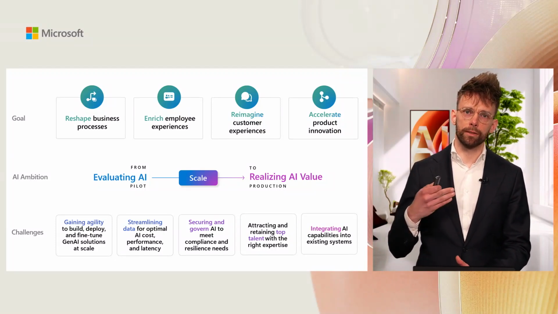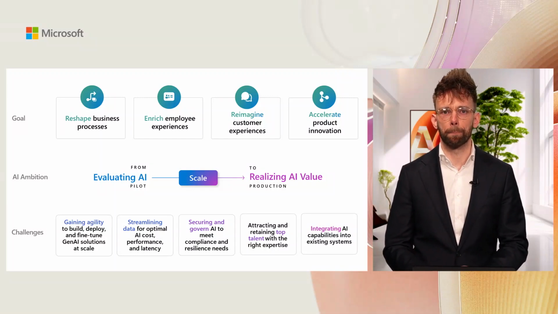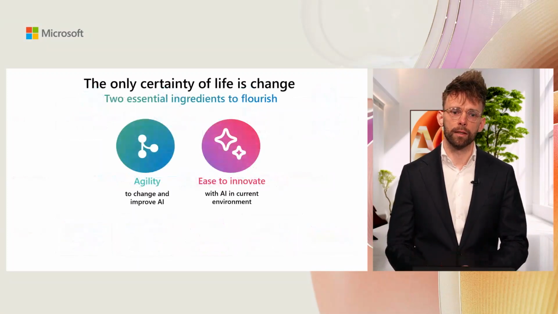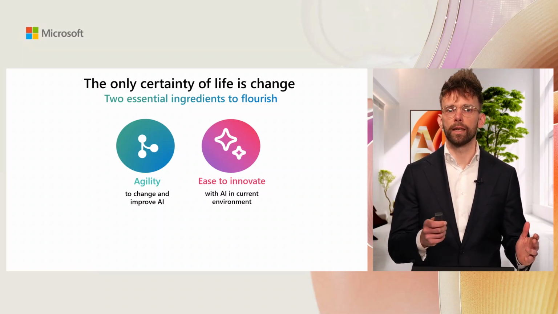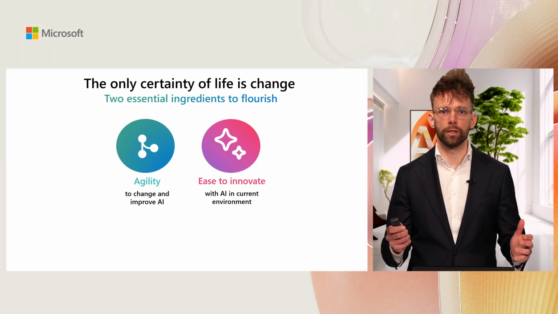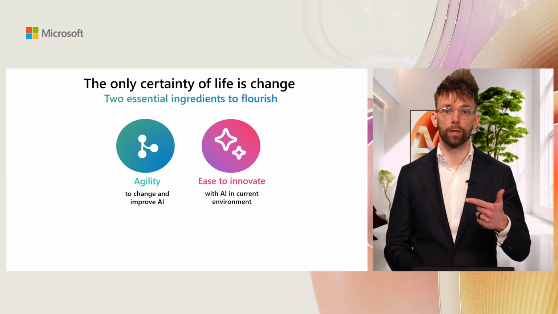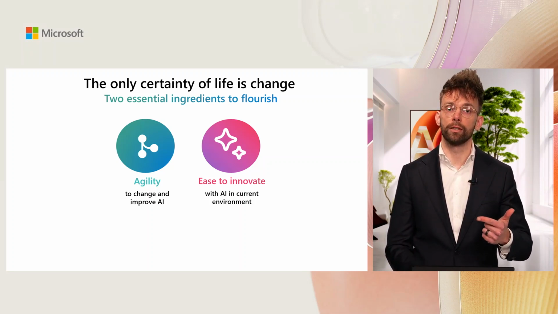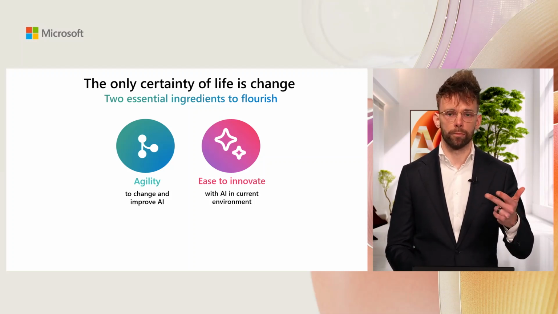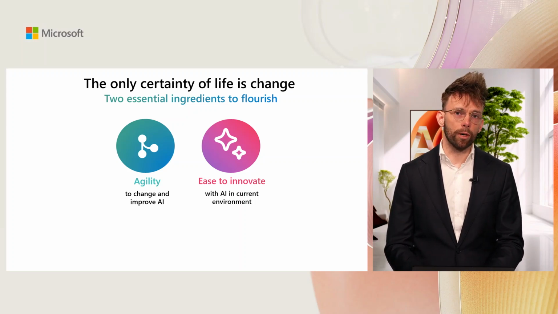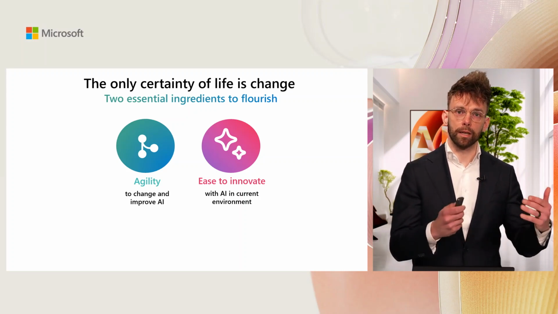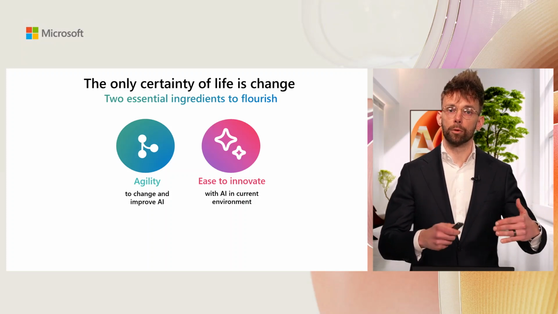Now, if we pivot and think about the way companies are transcending these challenges, I think we need to ground ourselves first in one of the most fundamental truths in life: the only constant is change. Change in markets, change in the way customers want to interact with you, change in the regulatory landscape, change in the threat landscape. Therefore, the need to become more agile as a company becomes more crucial.